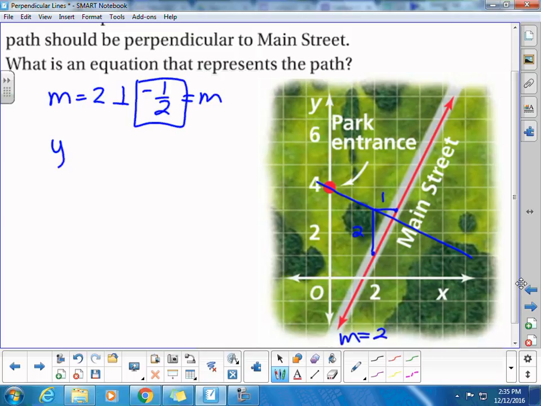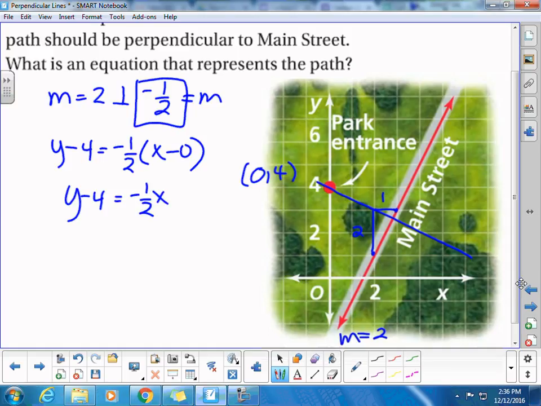And I know it goes through the point (0, 4) at the park entrance. y minus y1 equals negative 1/2 (x minus x1). y minus 4 equals negative 1/2 x. And we have to get y by itself. And the equation of the line for a perpendicular would be y equals negative 1/2 x plus 4. That would be the path.